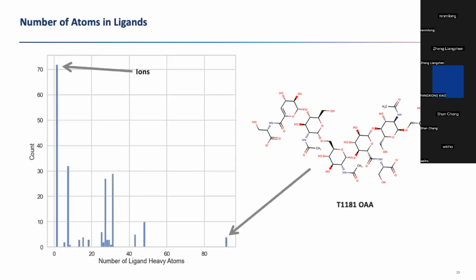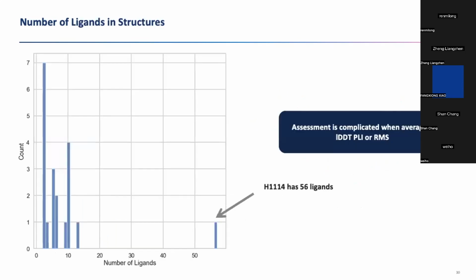So here's what we're looking at in terms of the number of heavy atoms. So you can see we've got a lot. Number of heavy atoms on the x-axis, just the counts on the y-axis. You can see there are quite a few just ions in there, magnesiums, all the way up to this beast over here on the right. So really a wide range of ligands were evaluated.